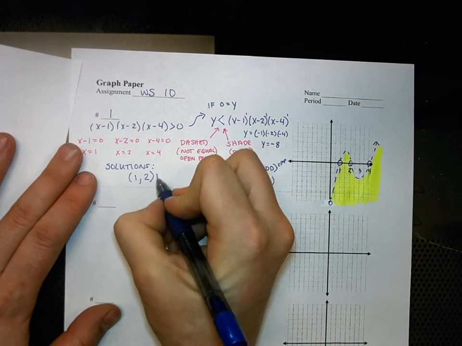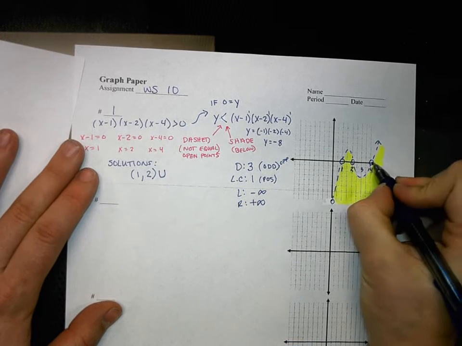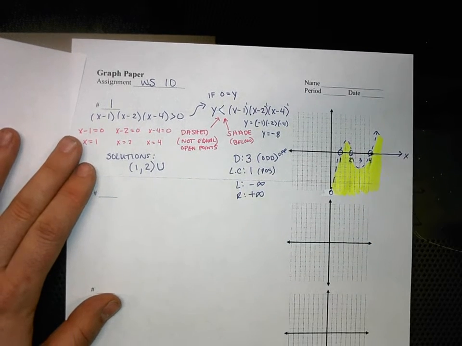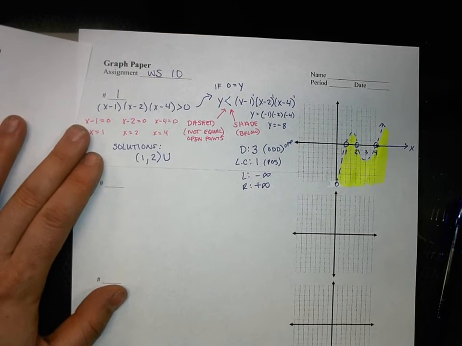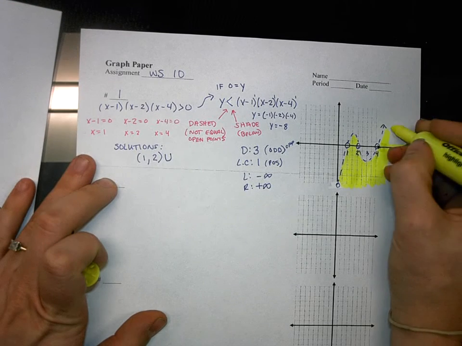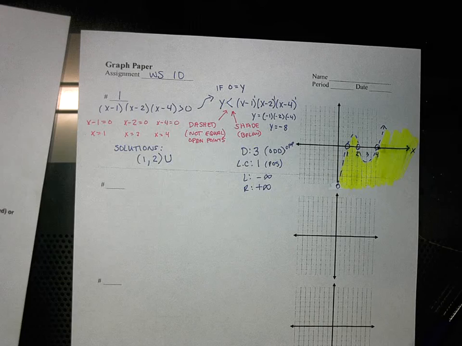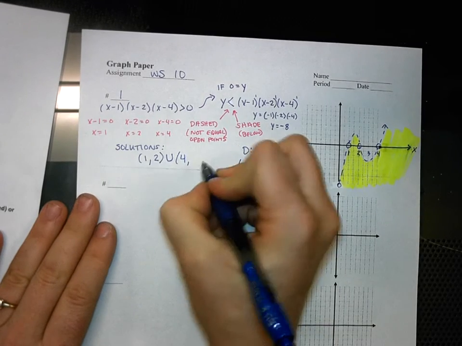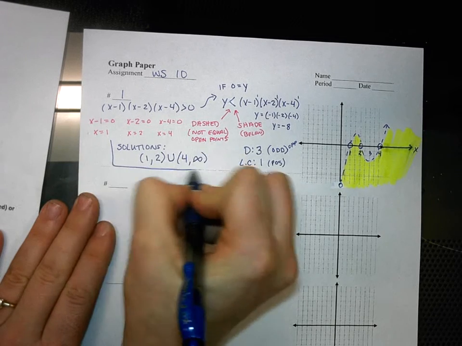Do I have more solutions on the x-axis? Yes, this x-axis is going to keep going. And this function keeps going above forever, so I can highlight all of these x values to the right because technically all of this area are solutions, right? So I pick up at 4, and where do I go till? Infinity. So that is your answer for your solutions.